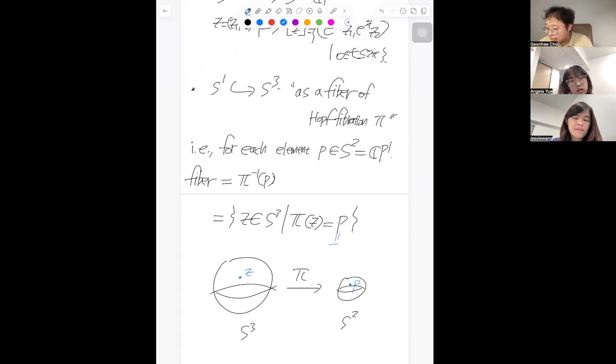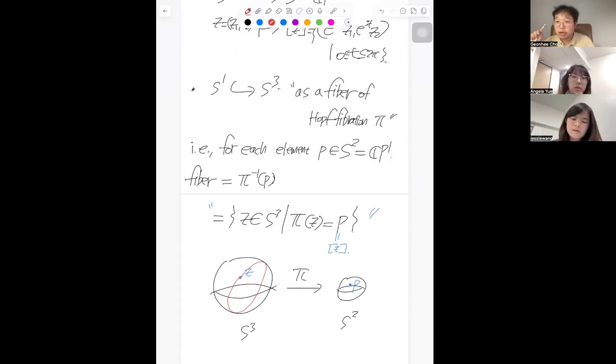But what is this guy? This is the equivalence class of Z, the bracket of Z. Do you agree?